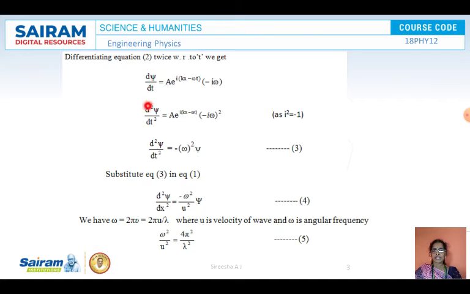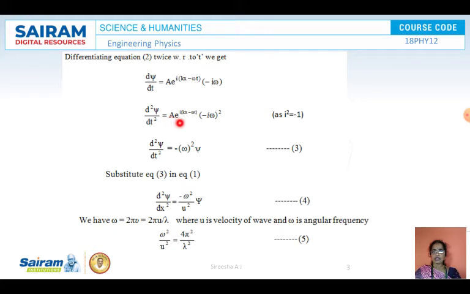Now again differentiating this with respect to t, d square psi by dt square is equal to A into e to the power of i(kx minus omega t) into (minus i omega) whole square. We know that i square is equal to minus 1. Therefore, you can replace i square with minus 1, and you are getting d square psi by dt square is equal to minus omega square into psi.